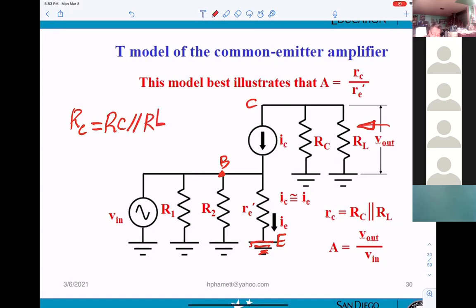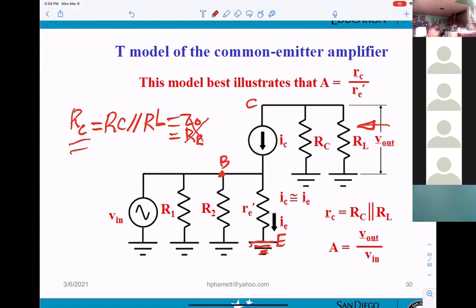Some different textbooks can say that is the output impedance, or some textbooks say RL, that means load resistance, either way. But we're not using this from now on. We'll be using rc.